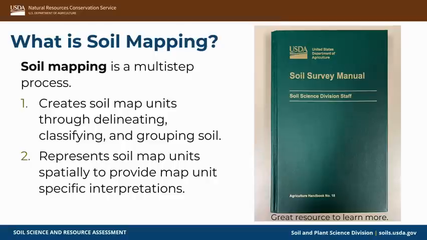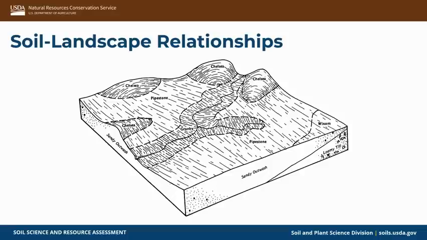Now we are going to create all these soil map units. We're going to delineate them on the landscape, classify them, and group them to the best of our ability. Next, we're going to represent these spatially on a map and provide all of those specific interpretations, such as in that soil survey book. You're going to want to develop the soil landscape relationship.